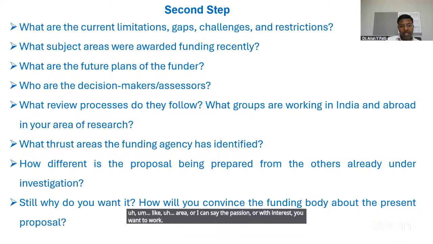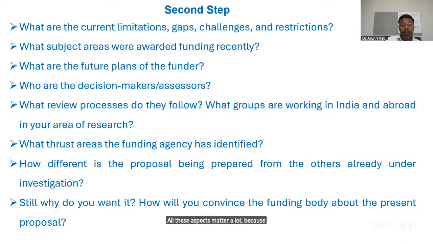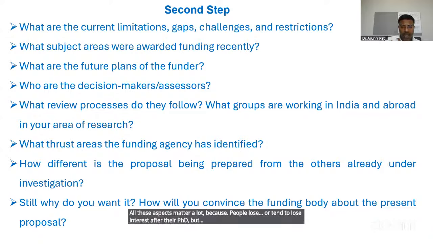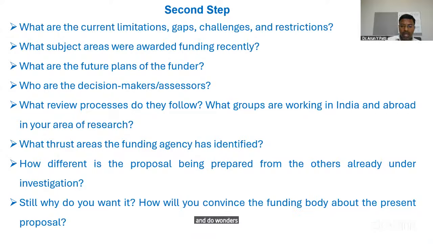All these aspects matter a lot because people tend to lose interest after their PhD. But in fact, after PhD only you have to gain the momentum and do wonders in the area where you have been working. So how will you convince the funding body about the present proposal?